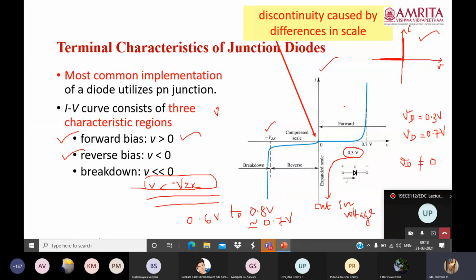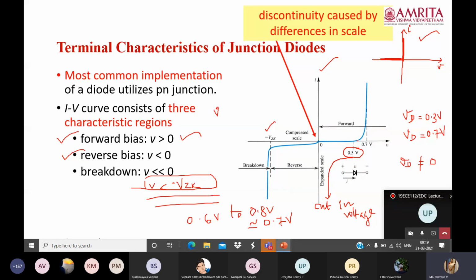Externally you have to apply some biasing. The diode starts conducting when the voltage reaches 0.5. Using a power supply, you increase that voltage. Till 0.5 it will not be conducting.